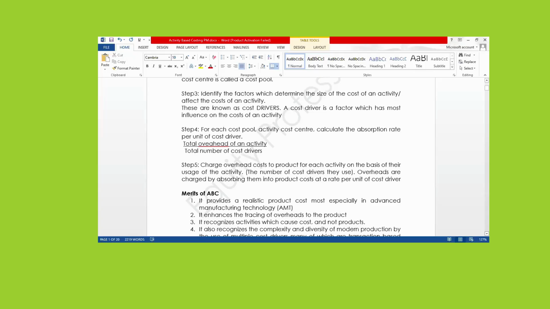What are the merits? What are the advantages of activity-based costing? Number 1, it provides a realistic product cost, most especially in advanced manufacturing technology.